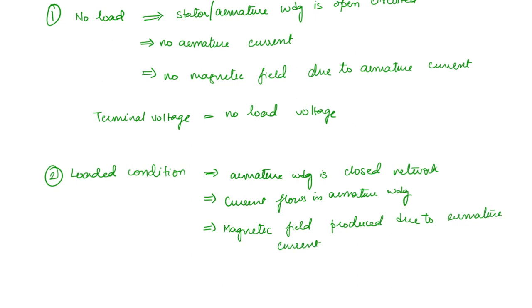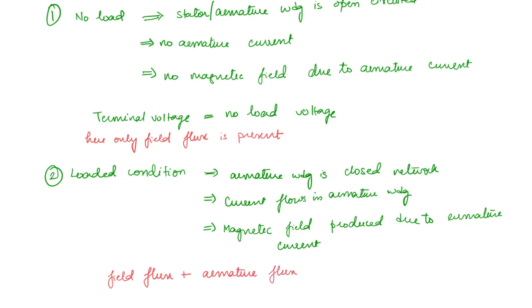In the first case, the only flux that was available was the field flux. Here only field flux is present, whereas here you are going to have field flux plus armature flux, that means the magnetic flux produced due to the armature current.